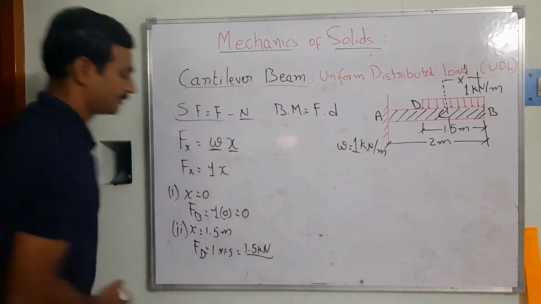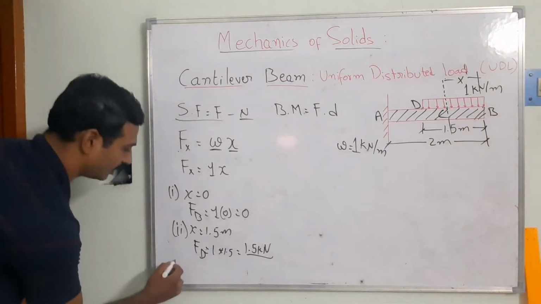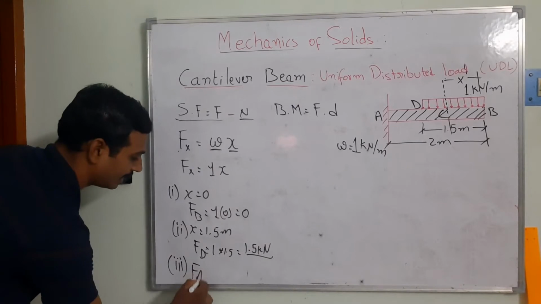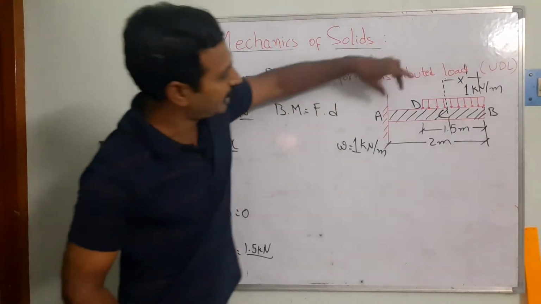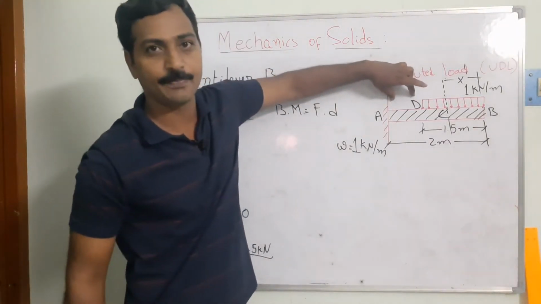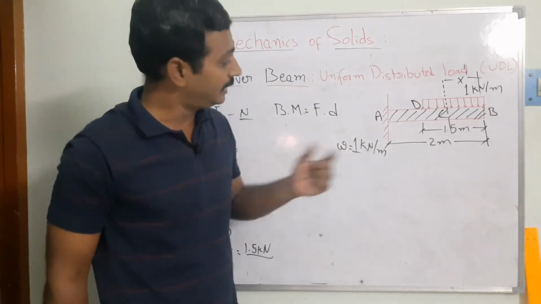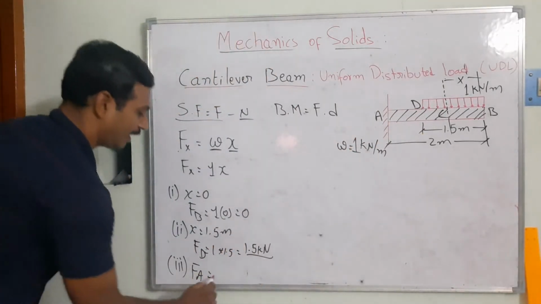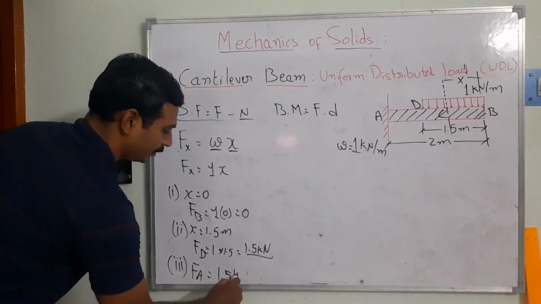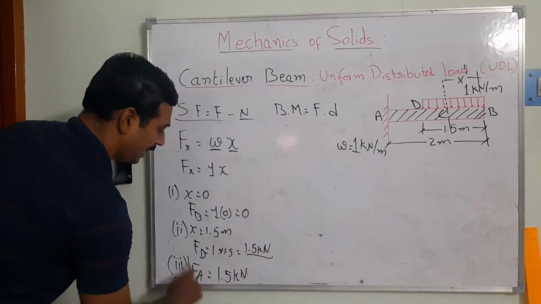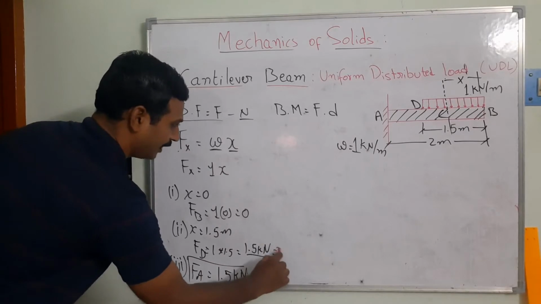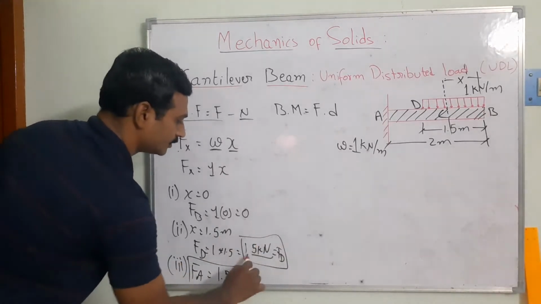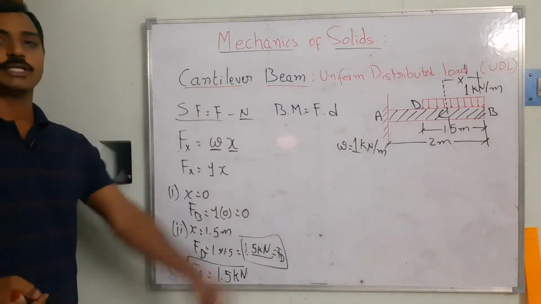And similarly at the third point, FA. In this case there is no shear force variation between A and D, because there is no load acting between points A and D. So FA also is 1.5 kilonewtons. This is FA, this is FD, so we can draw the shear force diagram.